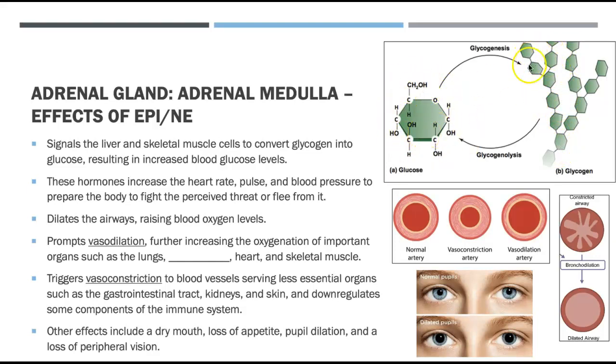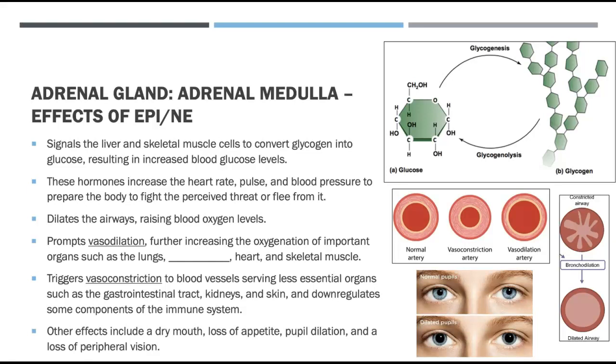So essentially, we're just breaking these bonds and using the glucose in the areas that need it. So usually with fight or flight, it's going to go to our skeletal muscles. The hormones will increase our heart rate, pulse, blood pressure to prepare our body for fight or flight.